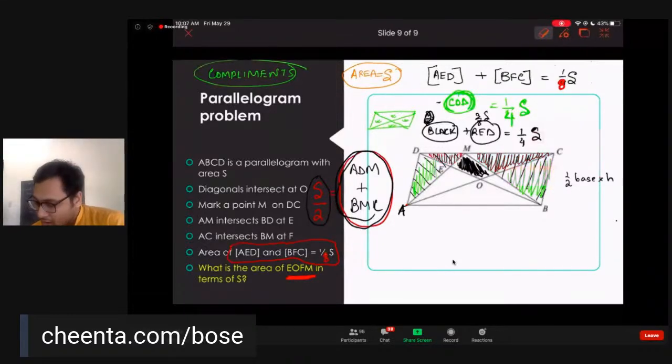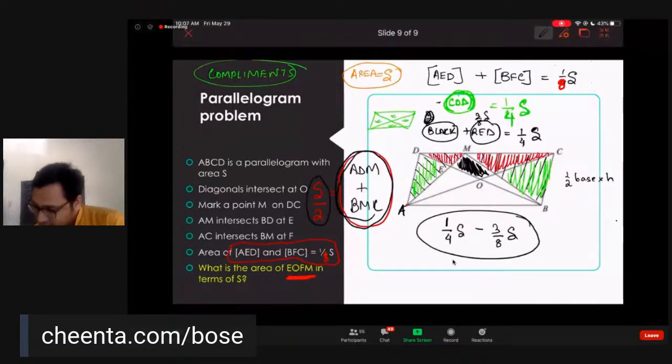So the black part is 1/4 S minus 3/8 S. So you see, Rishikesh is absolutely right. That looks like negative 1/8 S.